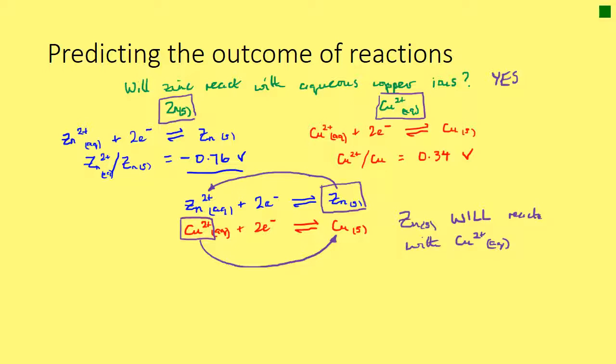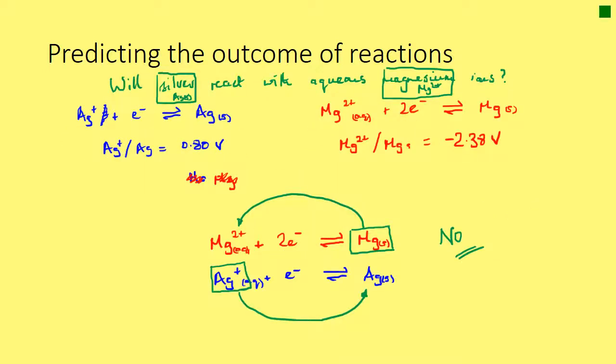So let's go through that once again with a different example. This time let's use an alternative question: will silver react with aqueous magnesium ions? That's our question. You'll remember the first step is to write down the 2 half equations.